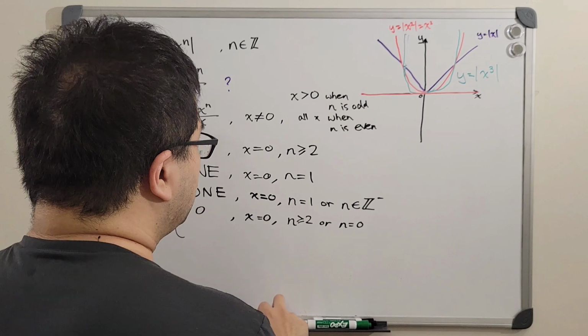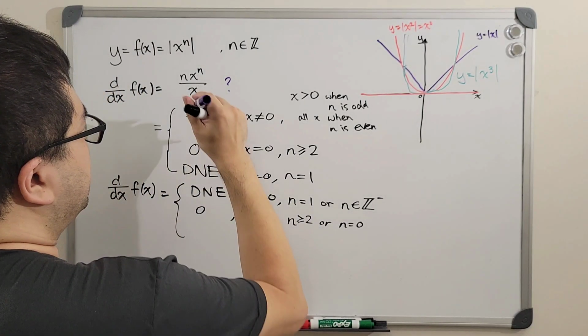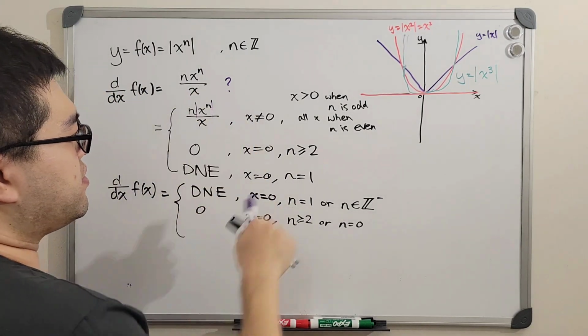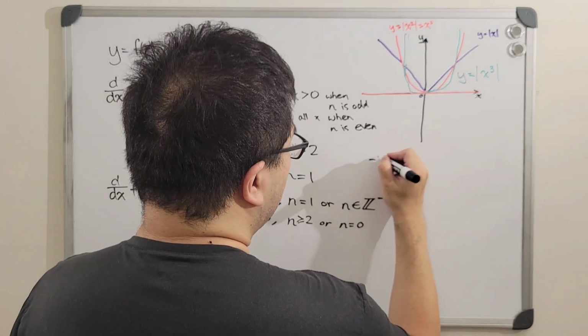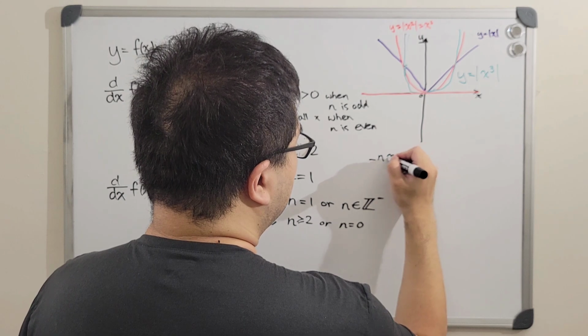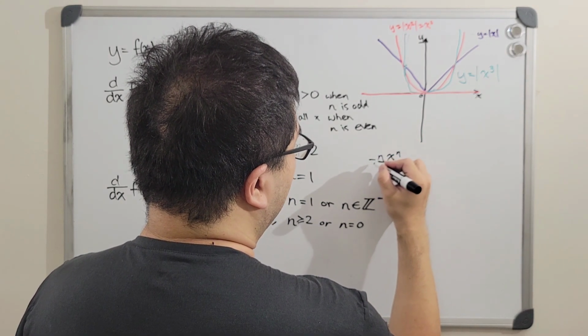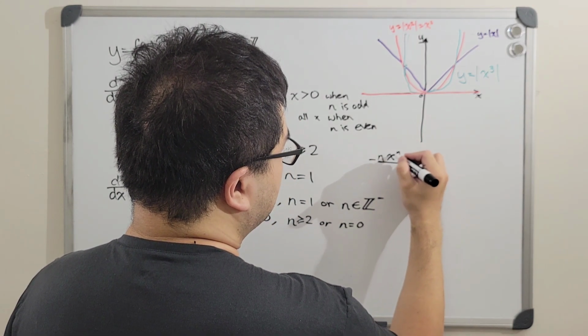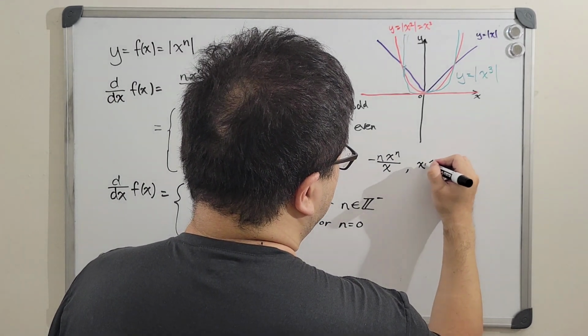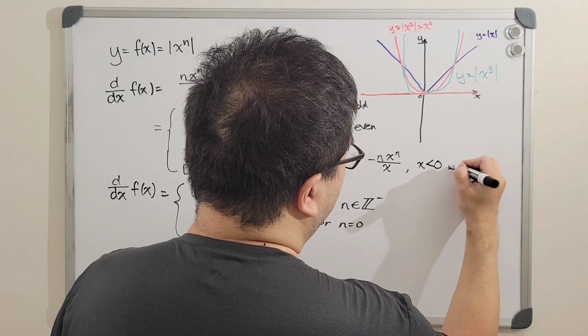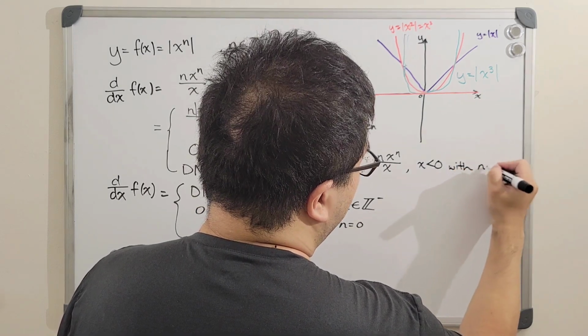So in this case, this is the same as here with this condition. Then for the other condition, when we have negative n times x to the n power over x, that is satisfied when x is less than 0 with n odd.